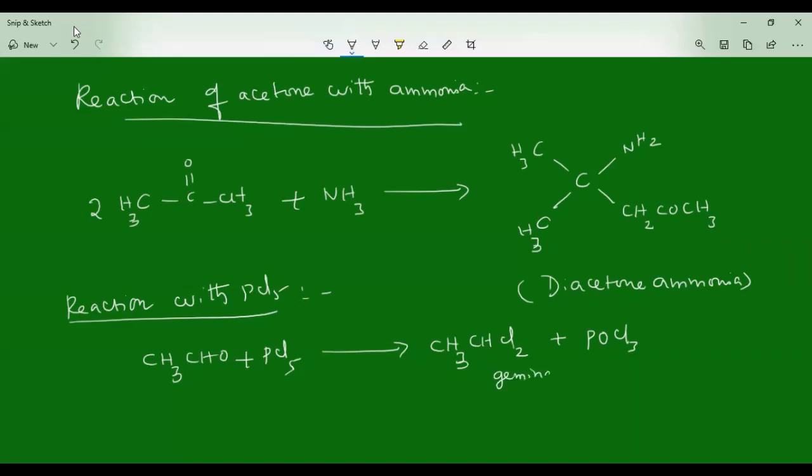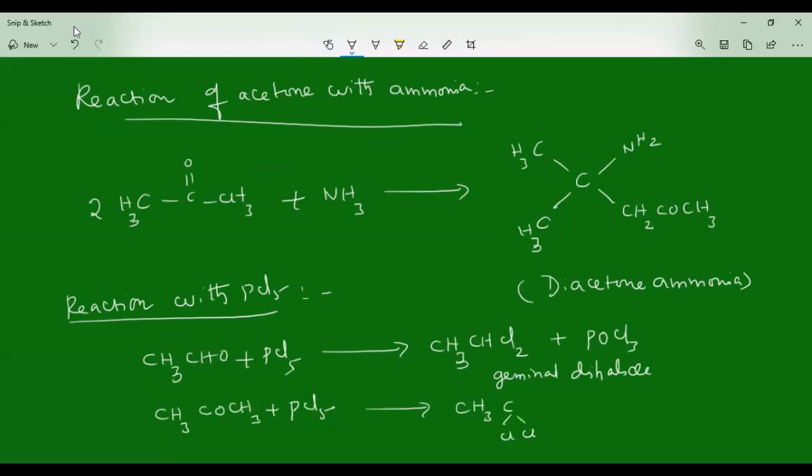So this CH3CHCl2 you got is called a geminal dihalide. Also, you can call it ethylidene chloride. Similarly, if you take acetone, CH3COCH3 with phosphorus pentachloride, the reaction gives CH3CCl2CH3.